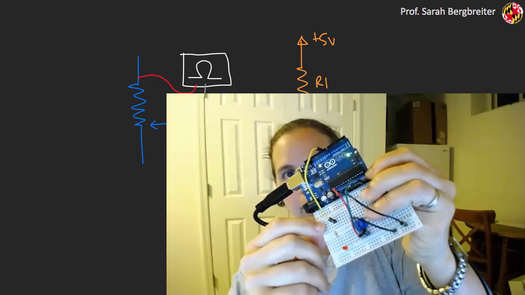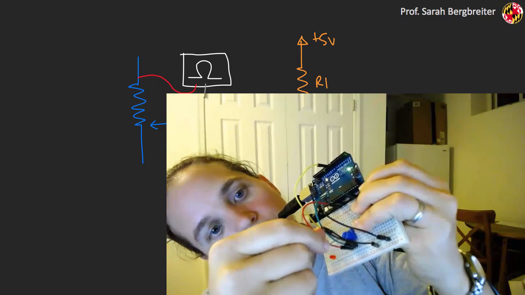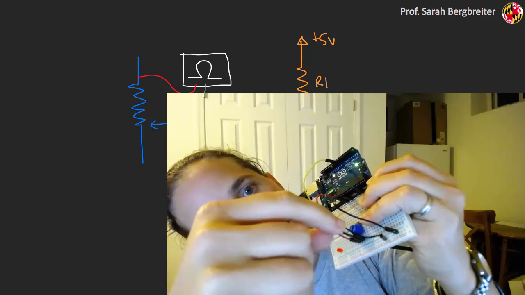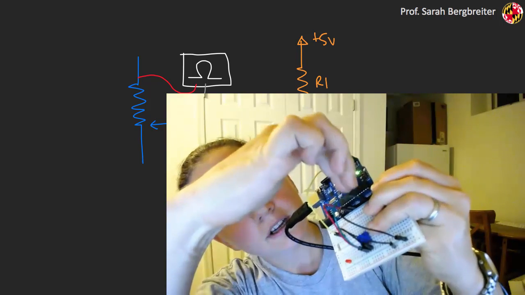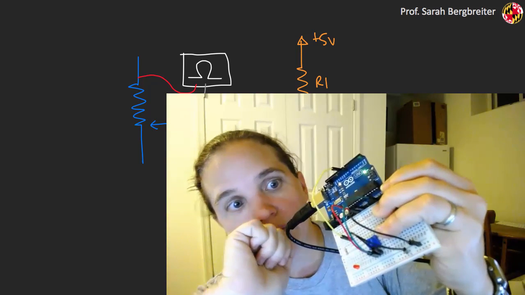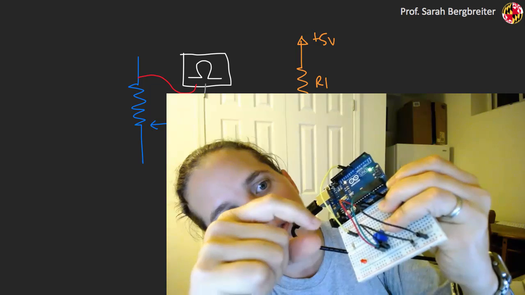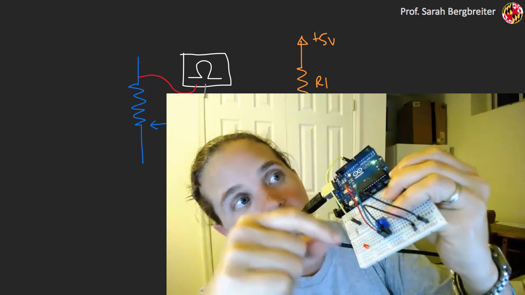That's exactly what I've set up on my Arduino here. I have my potentiometer, I have one side of that connected to 5 volts, I have the other side connected to ground, and then I have my wiper terminal, which is typically the middle terminal, connected up to one of my analog input pins. And then for grins, what I'm going to do is use that knob position to adjust the brightness, using an analog write command, of this LED.